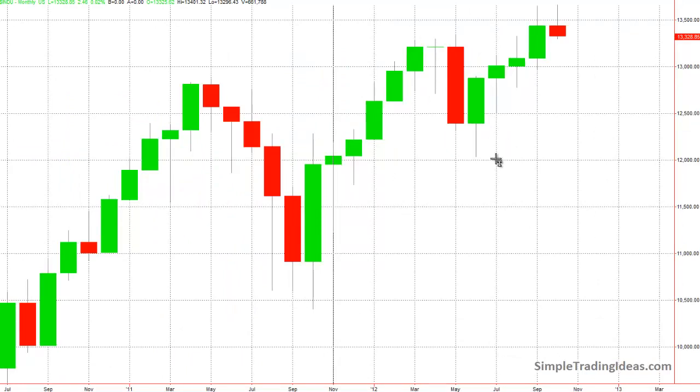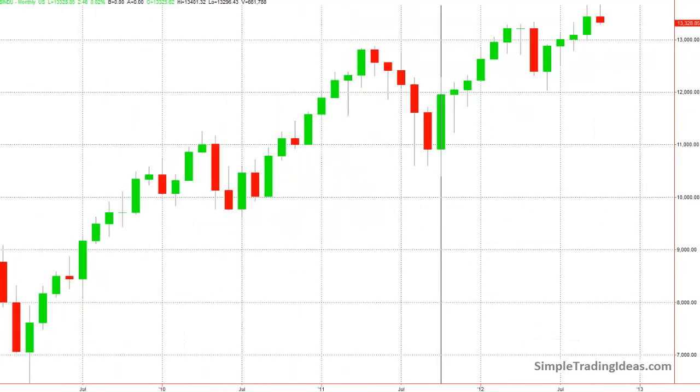To give you an idea, you're looking at a spinning top when you have a real body that's small in comparison to the lengths of the wicks on either side, but also the real body is small in general in comparison to the other candles here.